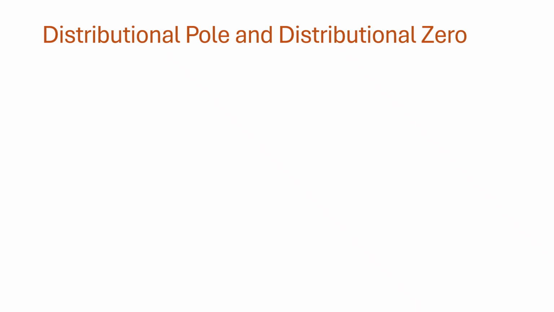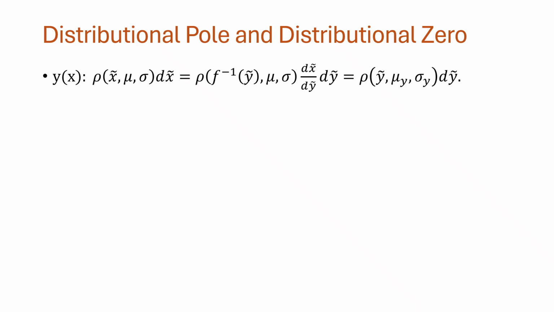Before we go to static Taylor expansion, we need to discuss two concepts: distribution pole and distribution zero. Suppose I have a function y(x), and I need to find the distribution density function of y if I already know the distribution density function of x.